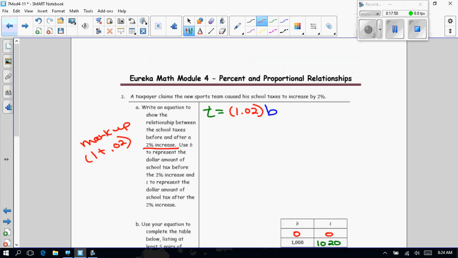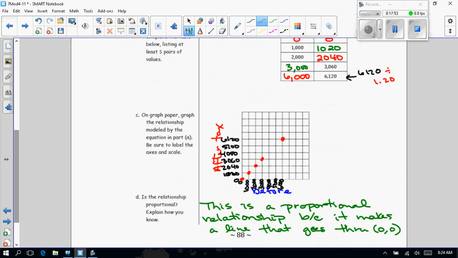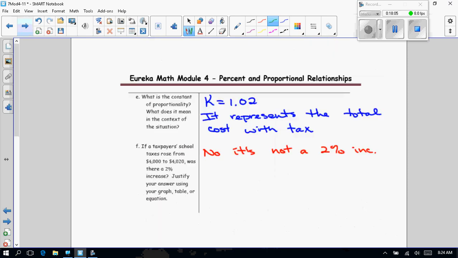Especially if we go back, I'm going to flip over a second. If we go back and we fill in the dots for 4,000, wouldn't the dot be there? So that dot there is at 4,080.